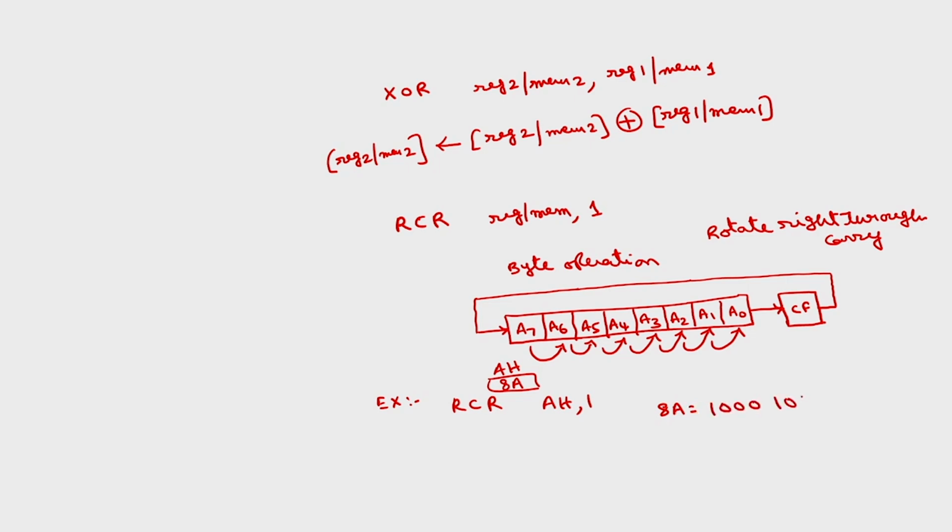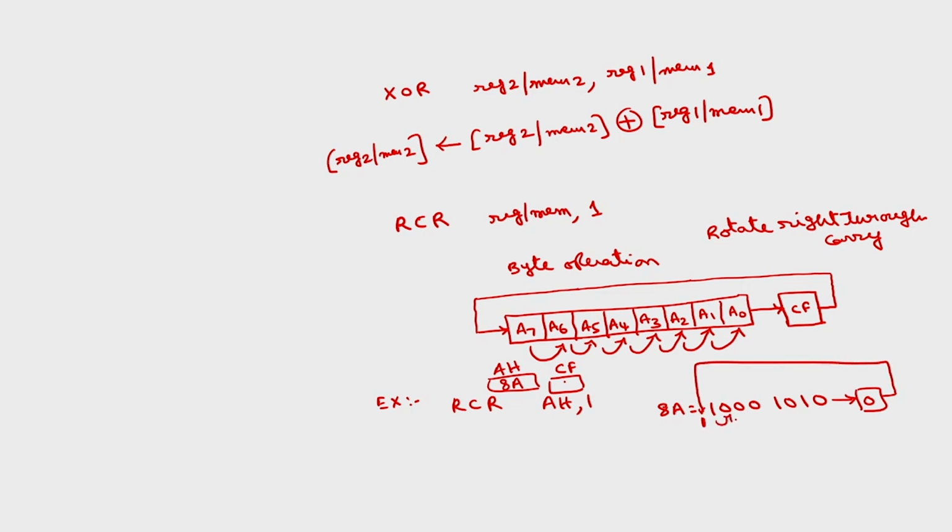So, 8A is nothing but 1000 1010, and if I assume that the carry flag here will be initially set, then what happens is this will move to the carry flag and becomes 0. The previous carry flag contents will be 1, that will come here.